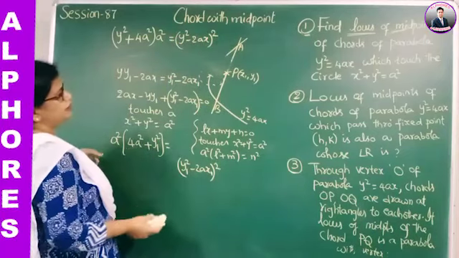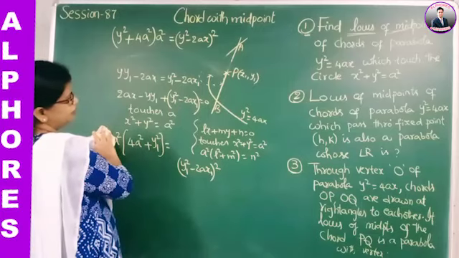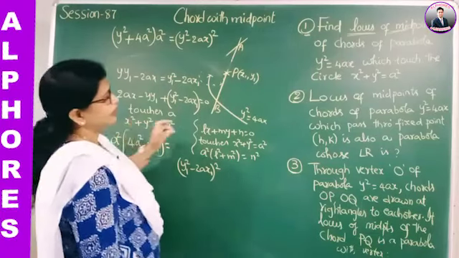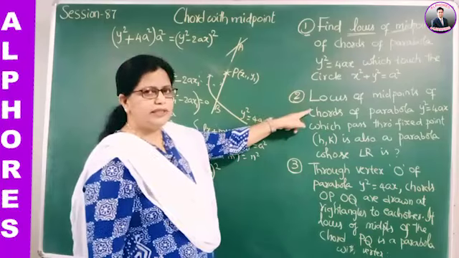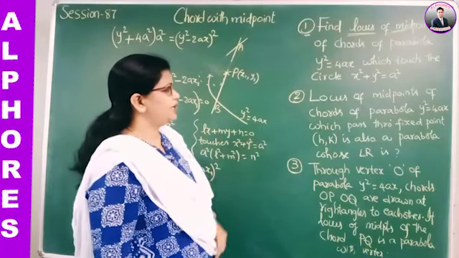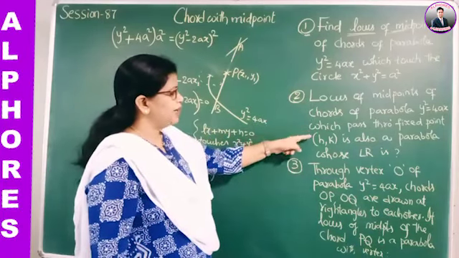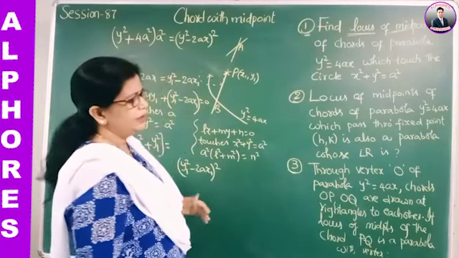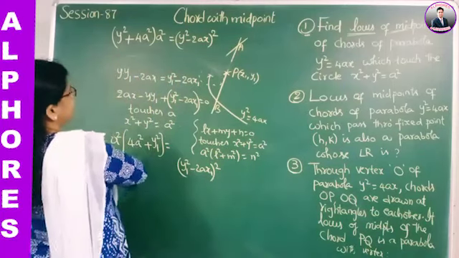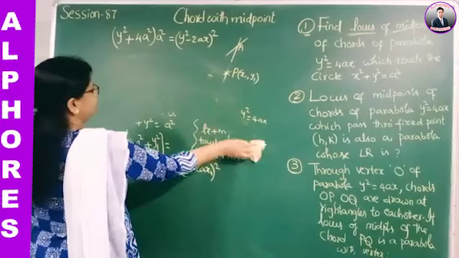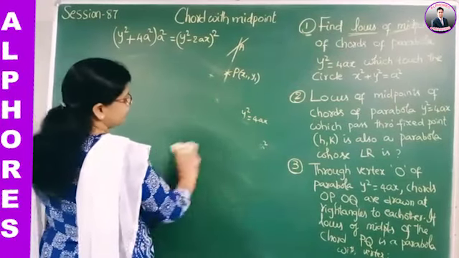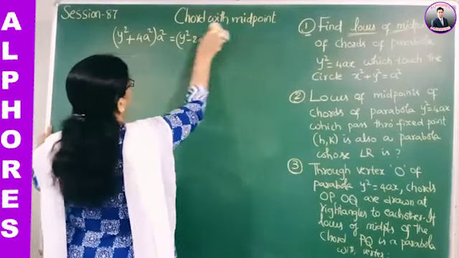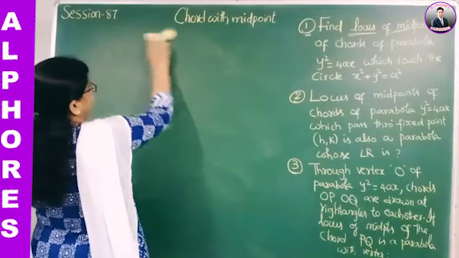Next, let us read the second problem. The problem given is: locus of midpoints of chords of a parabola which pass through a fixed point h comma k. What is the first data given?